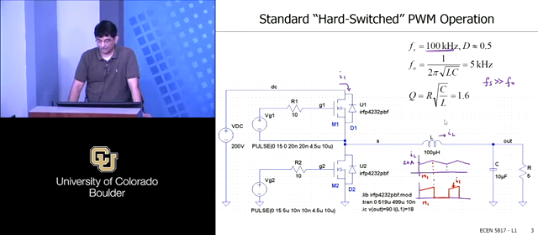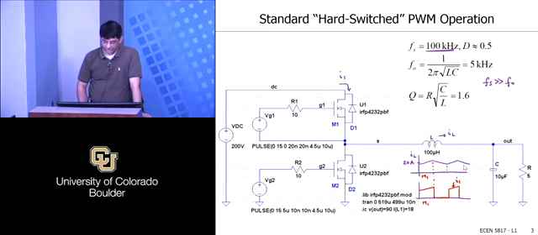We picked our L and C values such that the corner frequency of this LC filter was much lower than the switching frequency. So it essentially attenuated all the ripple, so your output voltage was fixed, and your inductor current ripple was small.